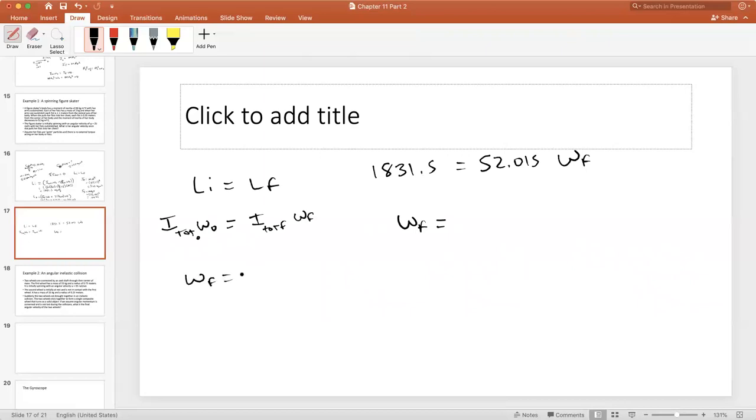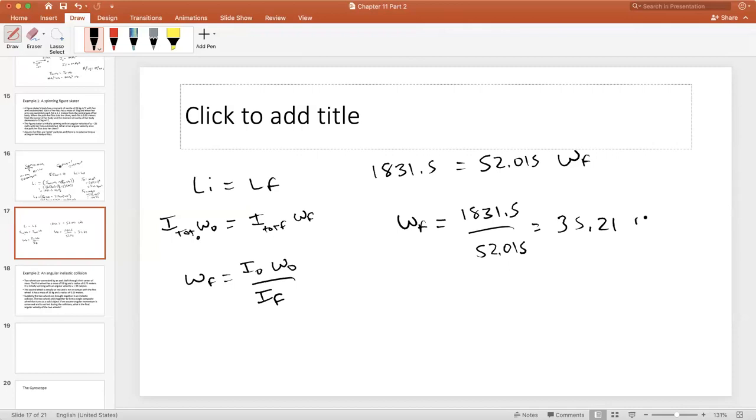So omega final is I initial times omega initial over I final. So this is 1831.5 over 52.015.